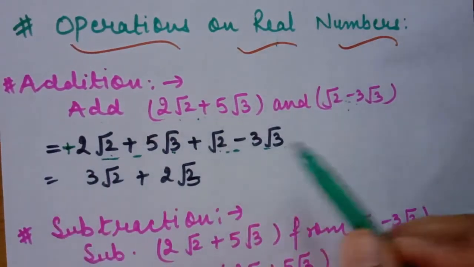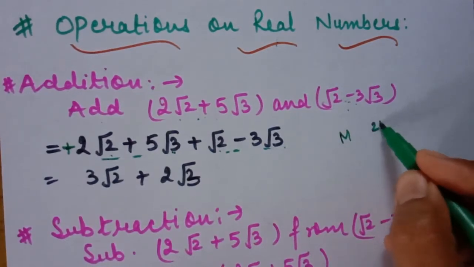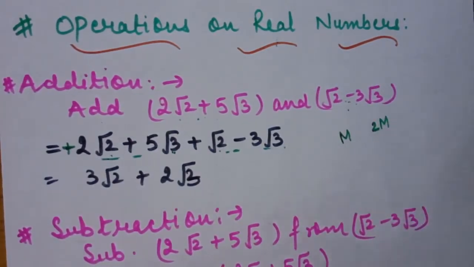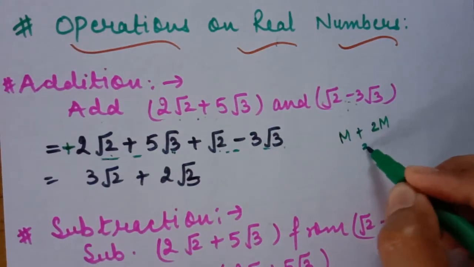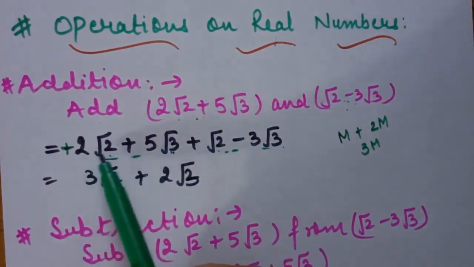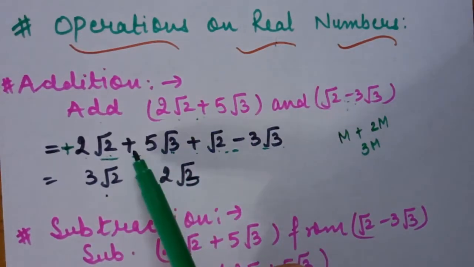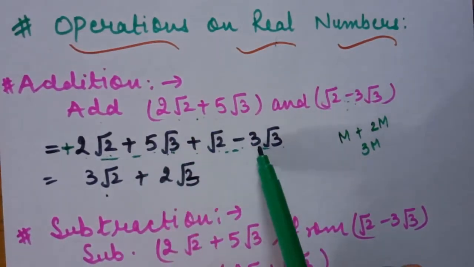Take an example: if one person has one mango and another person has 2 mangoes, then the total is 3 mangoes. Like this, 2 root 2 and 1 root 2 become plus 3 root 2. Then plus 5 root 3 minus 3 root 3.